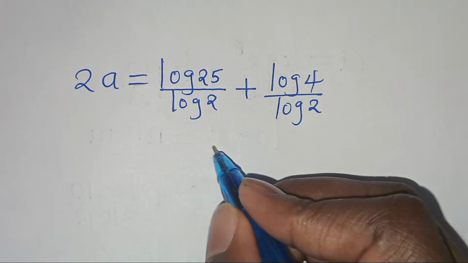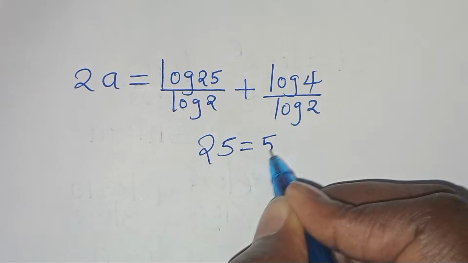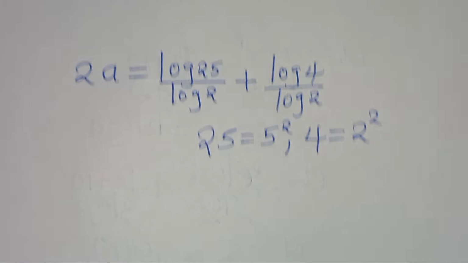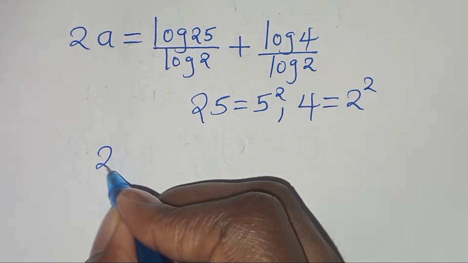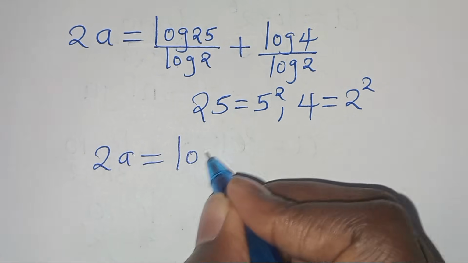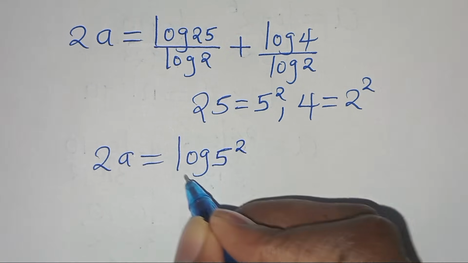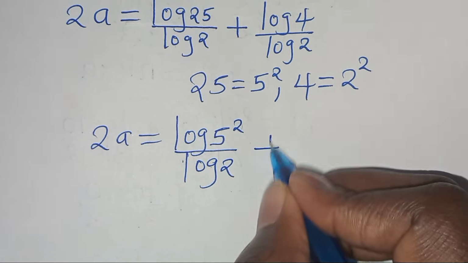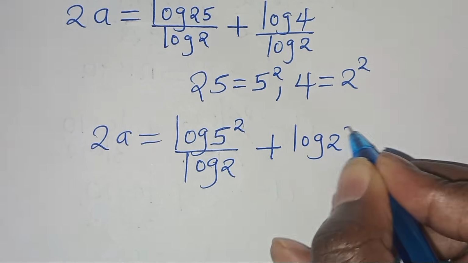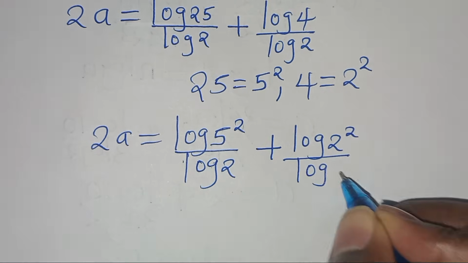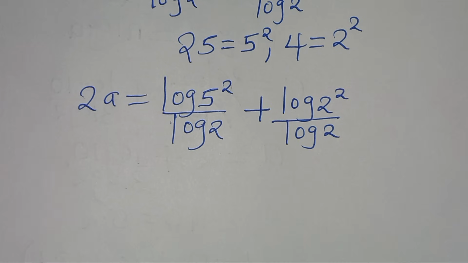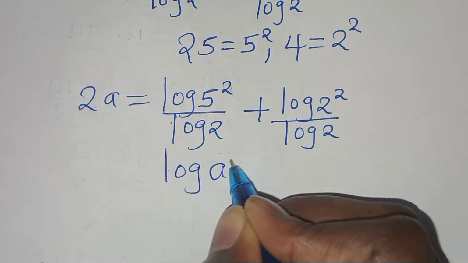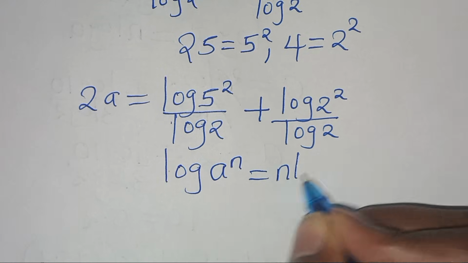From here, we can express 25 as 5 to the power of 2, and we can express 4 as 2 to the power of 2. Substituting this here, we have 2a is equal to log 5 to the power of 2 divided by log 2, then plus log 2 to the power of 2 divided by log 2. The next step is to apply the power rule property, that is log a to the power of n can be expressed as n log a.